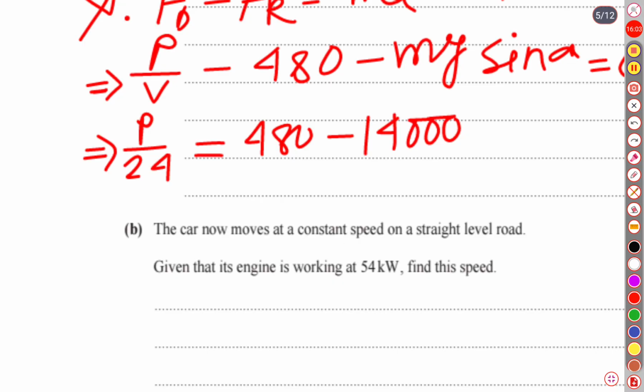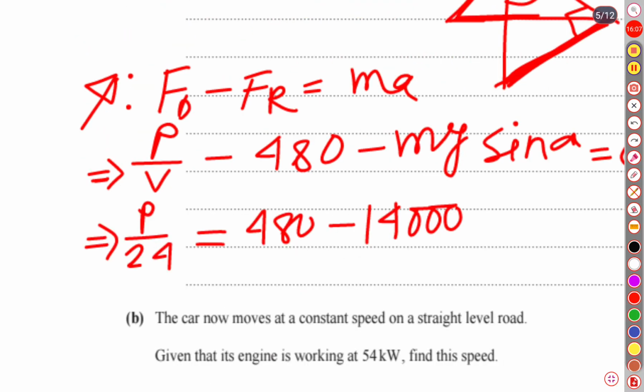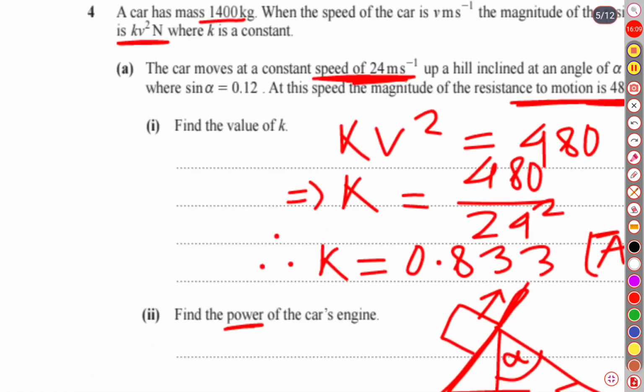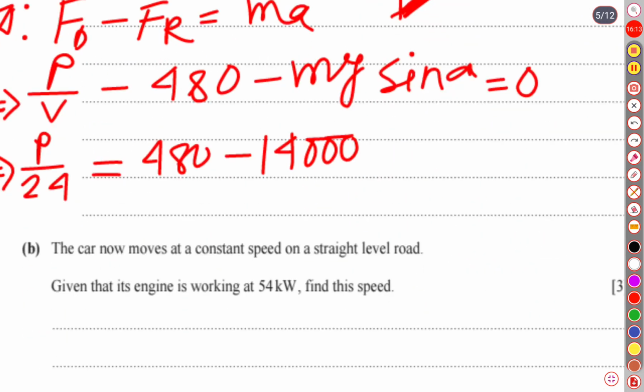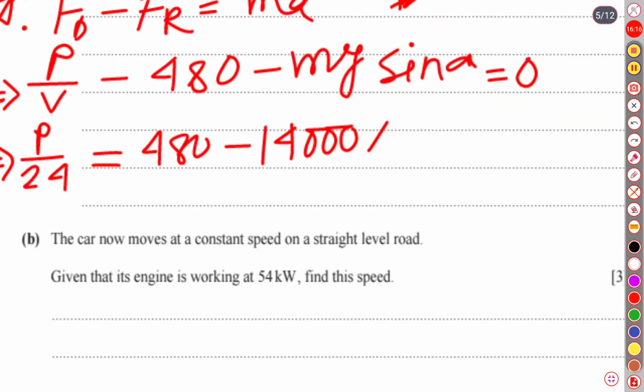So if we multiply 1400 by 10, it is 14,000. Then sine alpha is also given. The value of sine alpha is 0.12. So into 0.12.